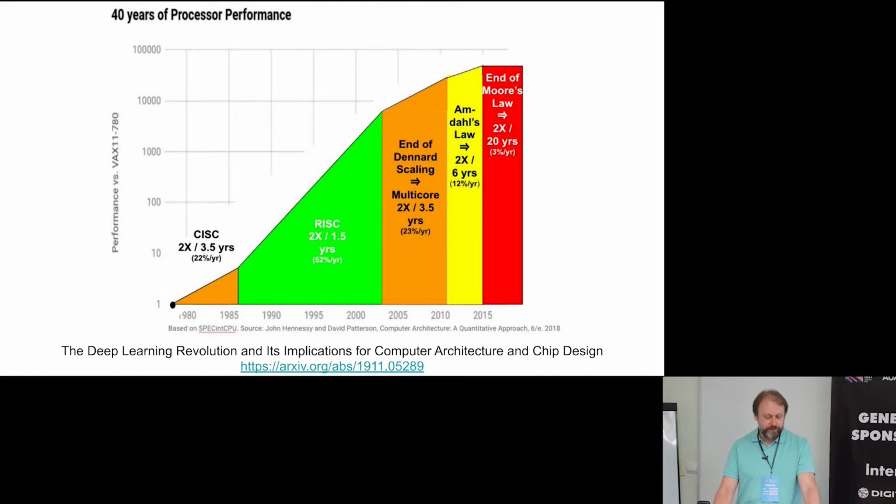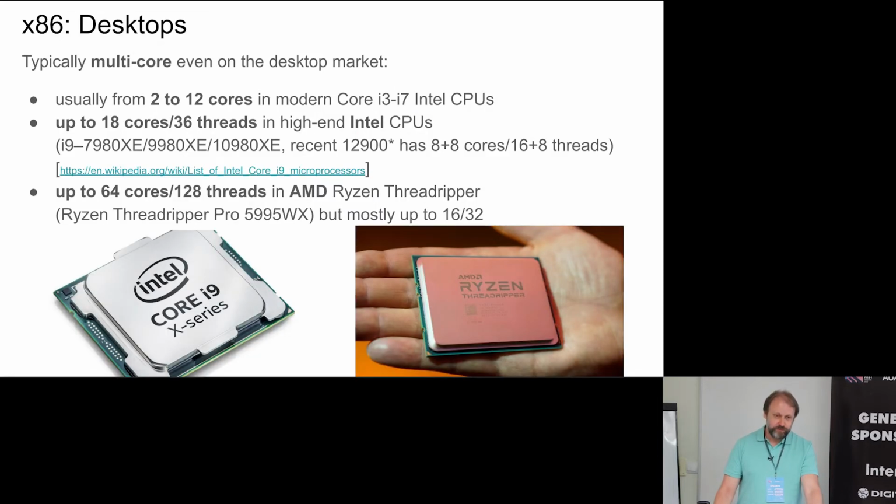But anyway, a typical processor right now is a multi-core processor. It's very hard to find a single core processor right now, so almost all programming requires some understanding of distributed systems, parallel programming, and so on. A typical system has from 2 to maybe 10 or 12 cores right now. Some advanced expensive chips have up to, for example, 18 cores, in case of AMD up to 64 cores.